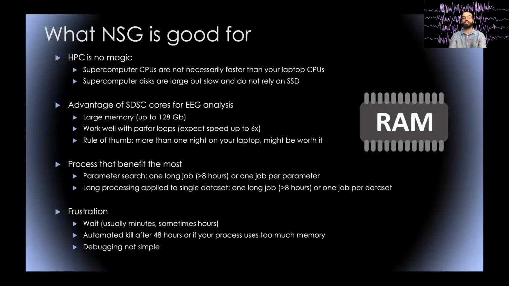They do have much larger memory, and we just saw that the nodes have 128 or 256 gigabytes. So that's one main advantage of using supercomputers: if you have huge memory requirements, this might be the only solution for you, because you might not be able to afford a workstation with 256 gigabytes of memory.